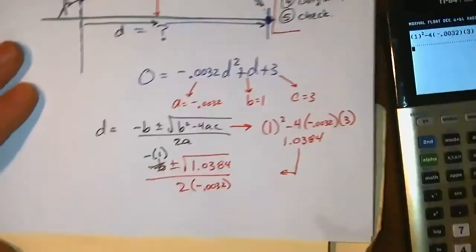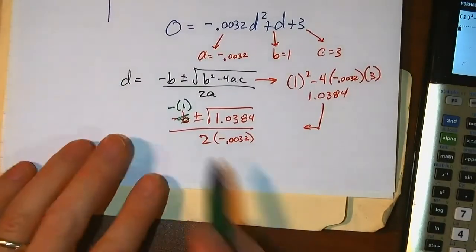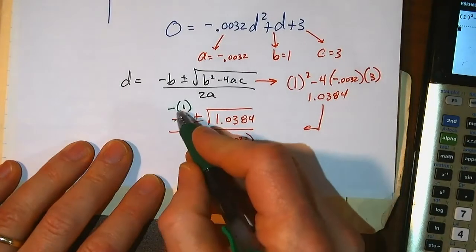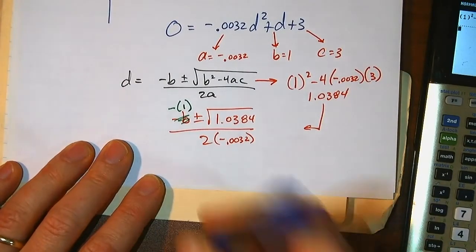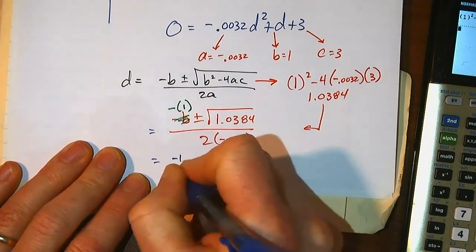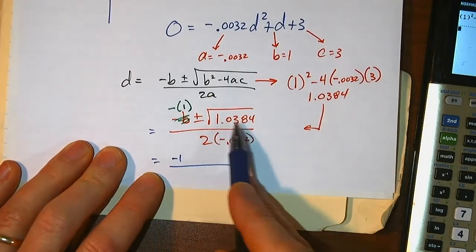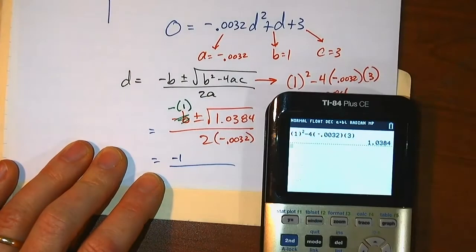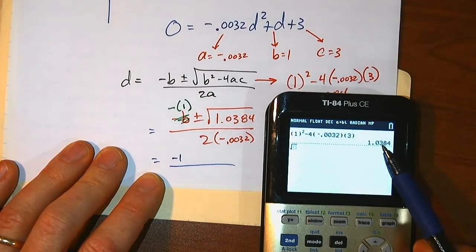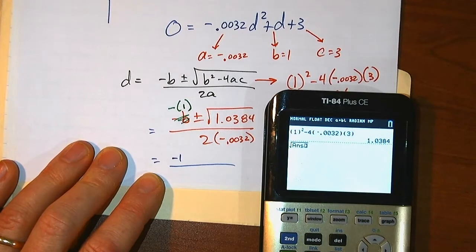All right, so now I'm going to go ahead and solve that. So when I solve that, just doing the 3 parts in order, the opposite of 1 is going to be equal to -1. The square root of this, well, I'm going to have to do that on my calculator again. So I'm just going to do square root. And then remember on your calculator, to get the previous answer, if you push second and then the negative sign, it shows the word answer.